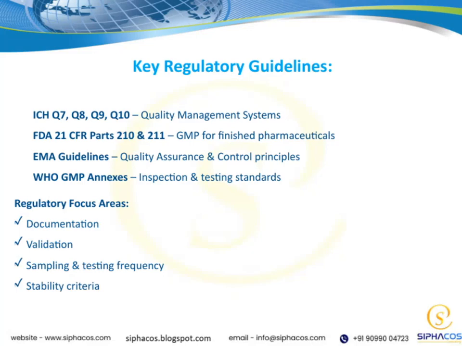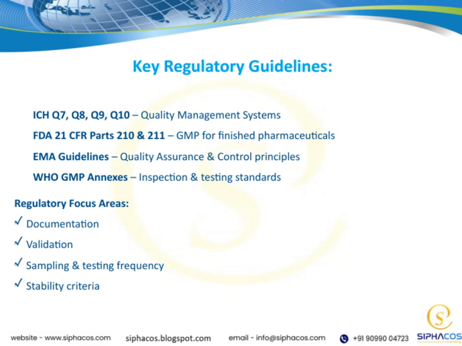Let's take a closer look at some of the key regulatory guidelines that shape our industry. First, we have the ICH guidelines, Q7, Q8, Q9, and Q10, which focus on quality management systems. These are essential for ensuring consistent product quality and continuous improvement. Moving on, the FDA's 21 CFR Parts 210 and 211 set the standards for good manufacturing practices, or GMP, specifically for finished pharmaceuticals.